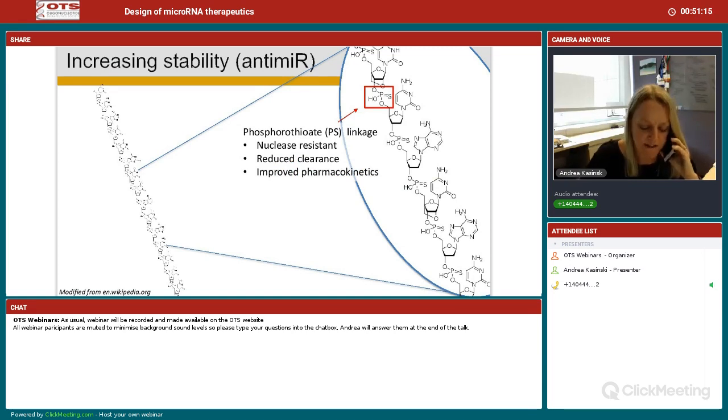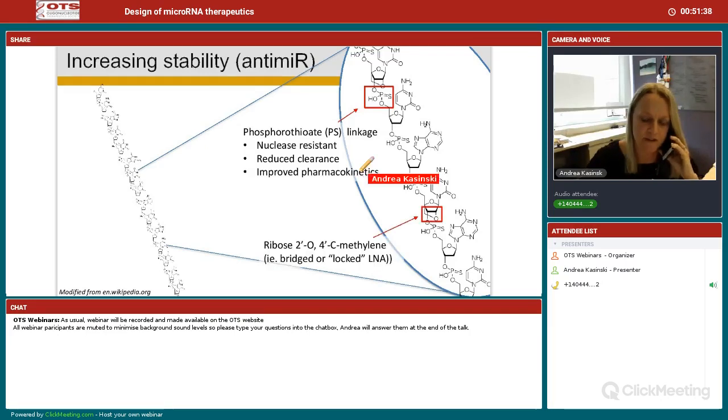And so, capitalizing on some of the work that has been done with siRNAs, it's well recognized that to improve the stability of the siRNAs that are out there, usually at least one PS linkage is introduced at the 3' terminus of both the sense and antisense strands. And so a second modification that we see here for increasing stability, specifically for antagomirs, is what's referred to as a locked nucleic acid, and that's shown here as well.